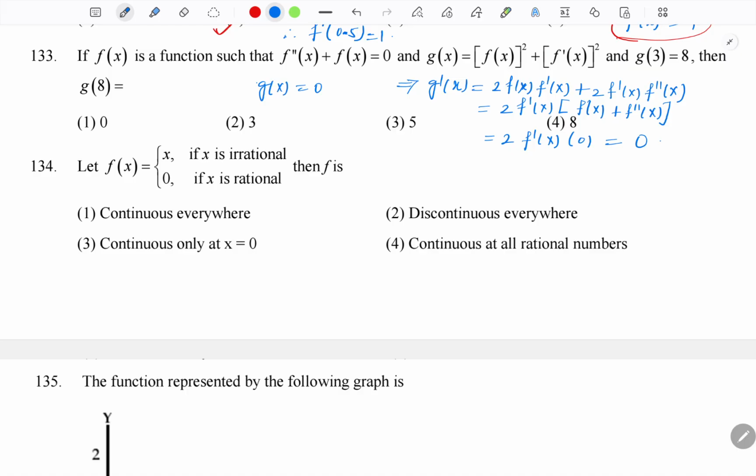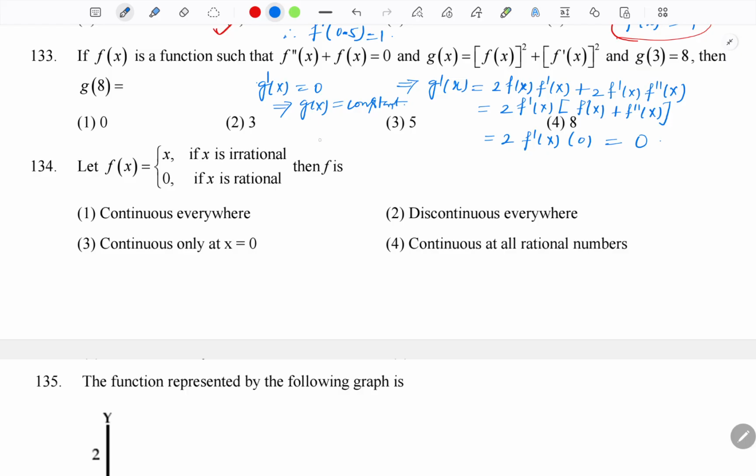Sorry, I spoke wrong. It's a derivative, right? So g dash of x equal to 0. When will we get 0? If any function is a constant function, and we differentiate, then that constant goes to 0, right? It means the g of x function should always be constant, independent of that variable.